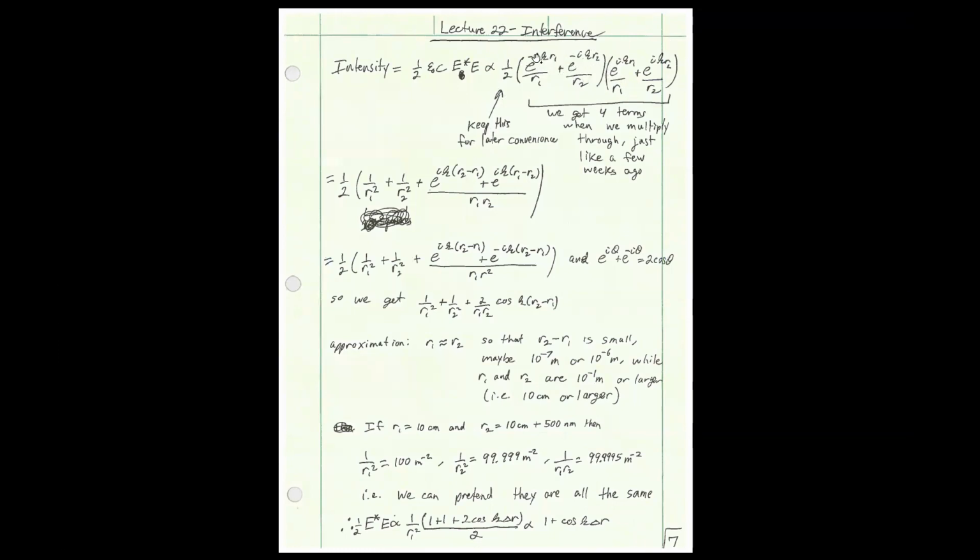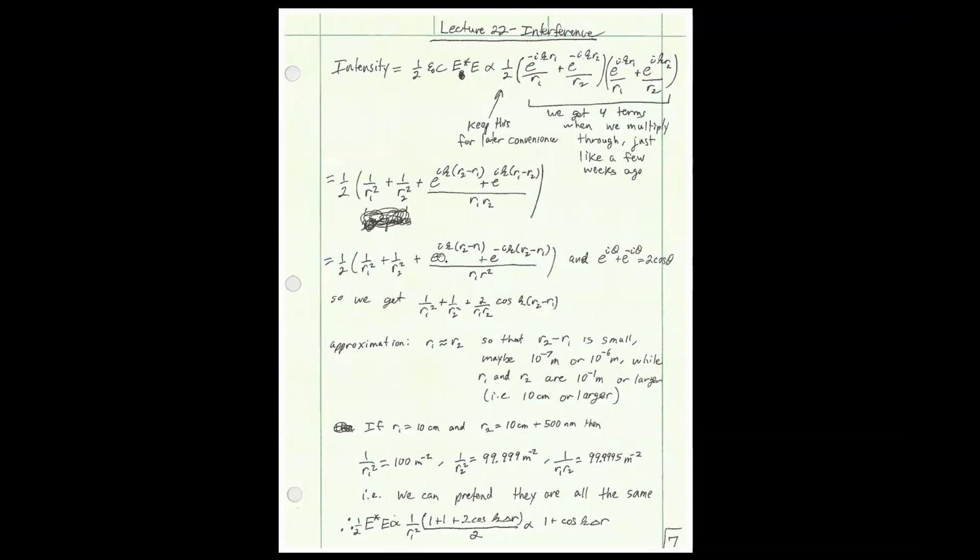Two of them are easy, because if I multiply this by this, I'm taking this times its complex conjugate. And likewise, if I multiply this by this, I'm getting this times its complex conjugate. So I get 1/r1² and 1/r2². Those two terms are easy. If I multiply this by this, or this by this, I'm going to get e^(ik(r2 - r1)) or e^(ik(r1 - r2)).